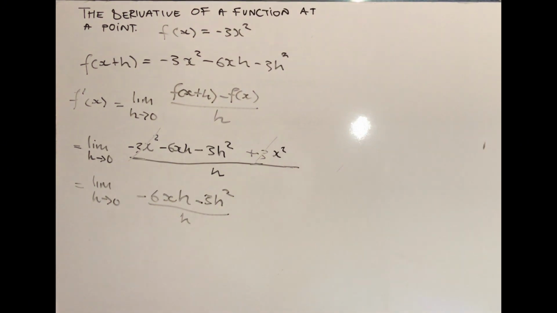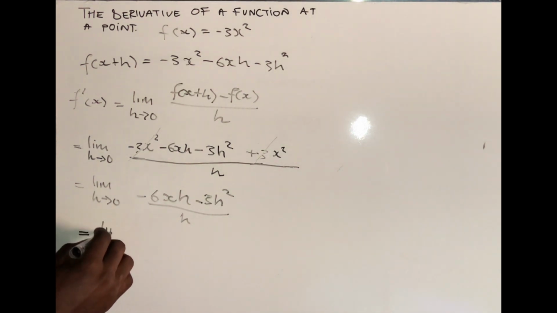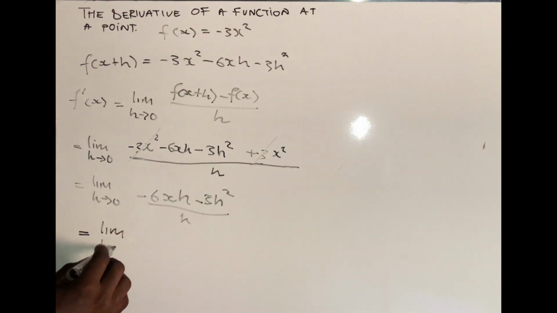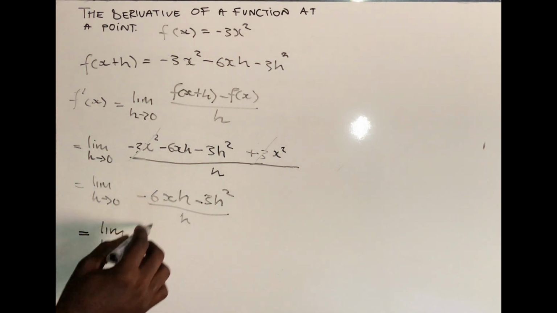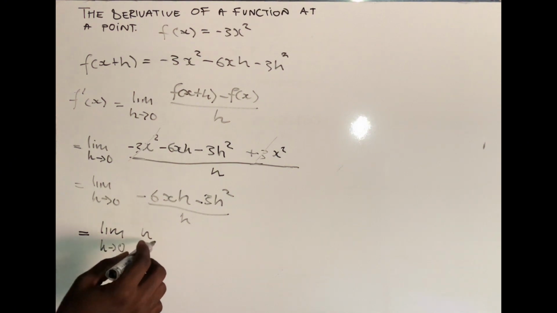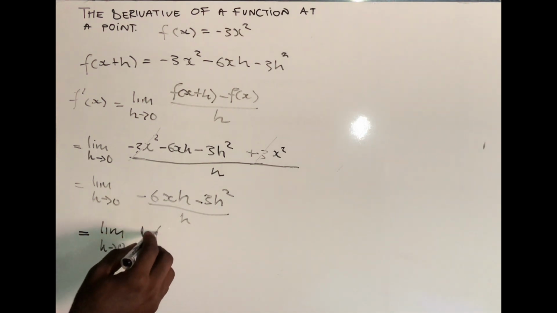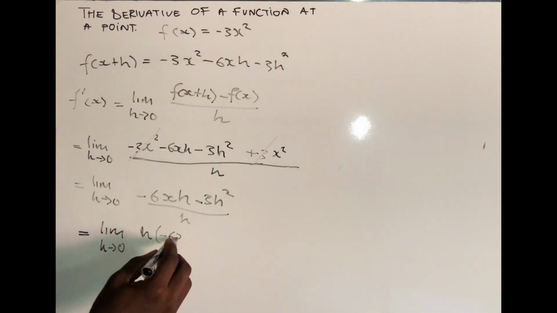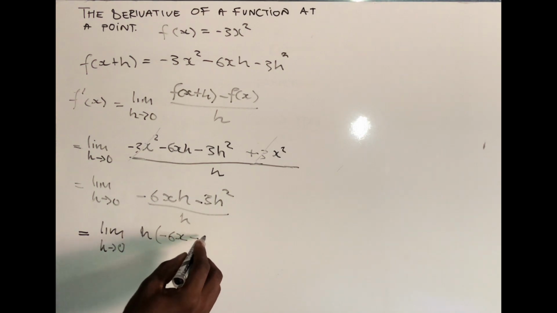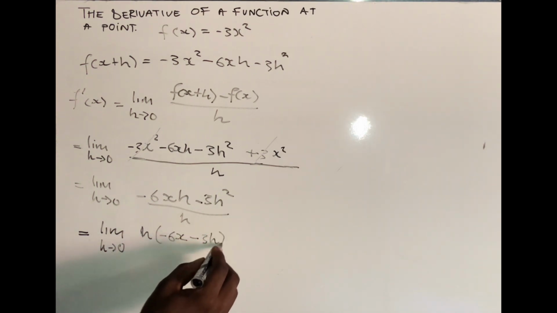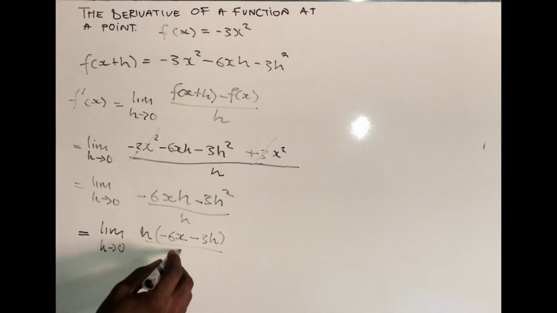You will now have the limit as h approaches 0 of h times negative 6x minus 3h, over h.